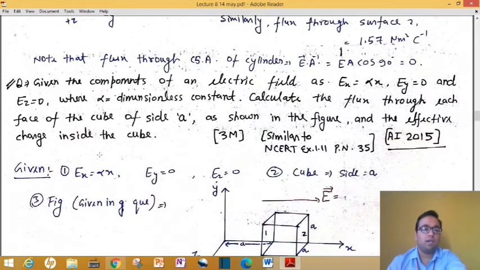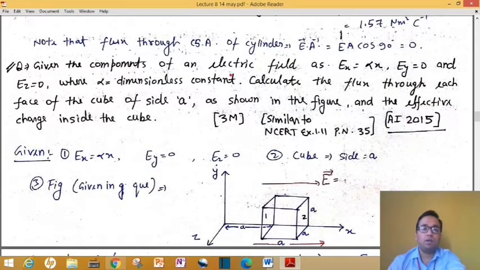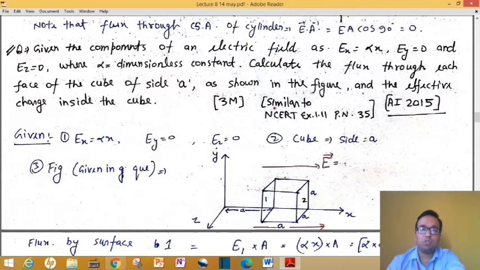Now the next question we have: given the component of an electric field as Ex equal to alpha x. Before solving this, let me tell you the similar question you can find in your book. See here, NCERT example 1.11. See that example, it is given on page number 35.